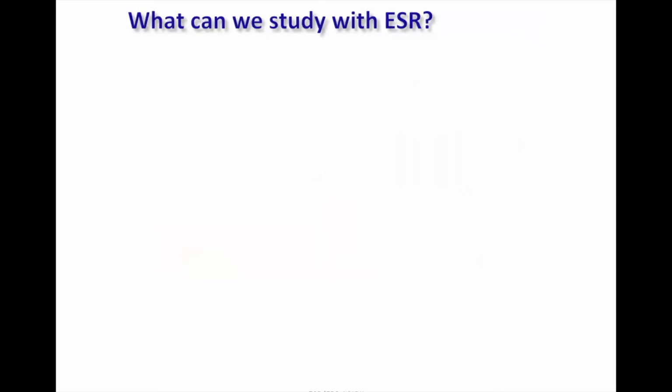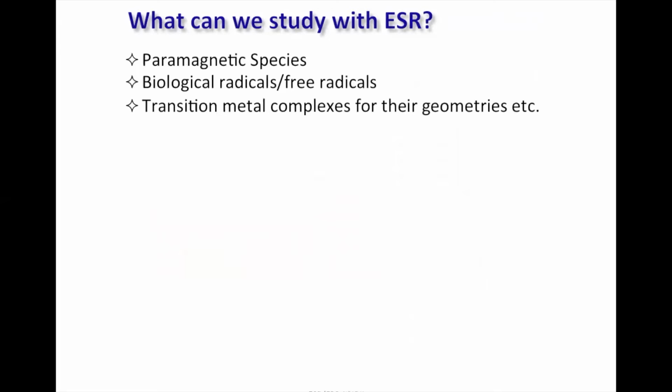Now, what can we study with the help of ESR spectroscopy? ESR is mainly used for paramagnetic substances, that is, species that contain unpaired electrons, like the free radicals of biological species or any other naturally occurring free radicals.